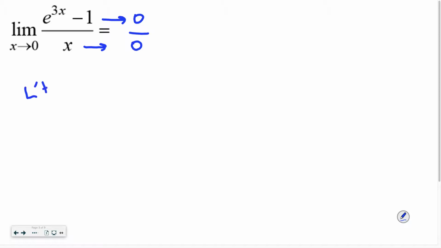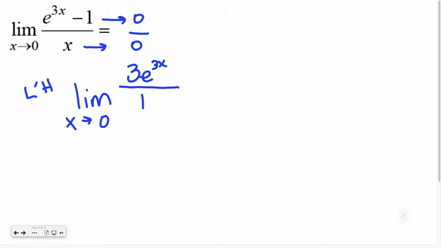So if we apply L'Hopital's rule, then this becomes the limit as x approaches 0 of the derivative of the numerator, which is 3e to the 3x. Would you agree? Because of the chain rule? Divided by the derivative of the denominator. So now, when we plug in 0, what do we get for our limit? 3.